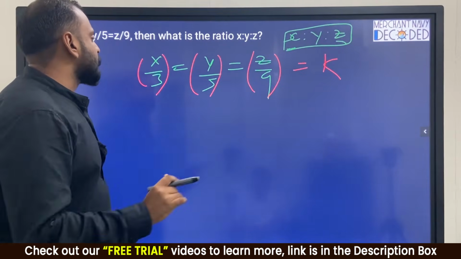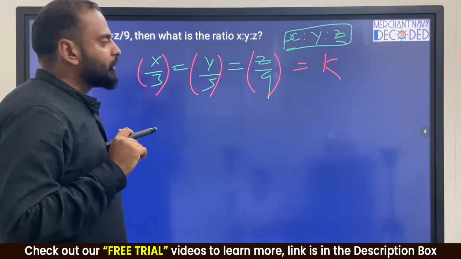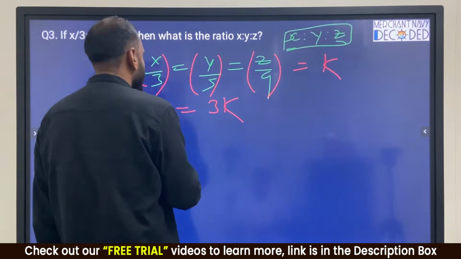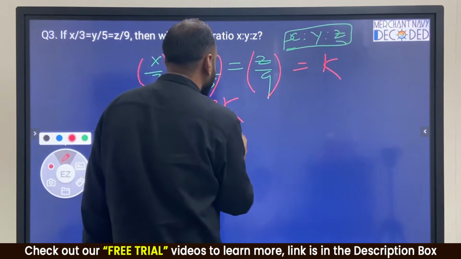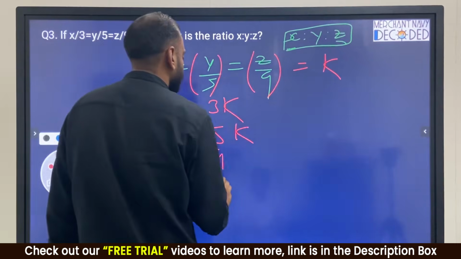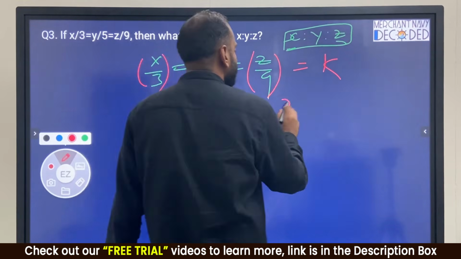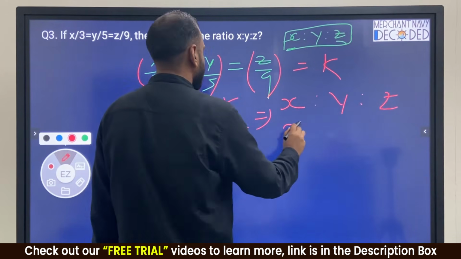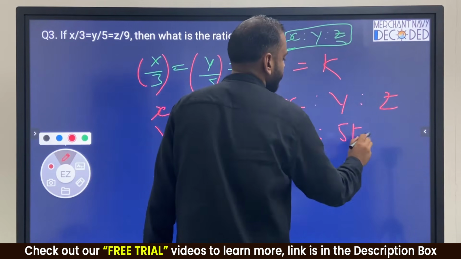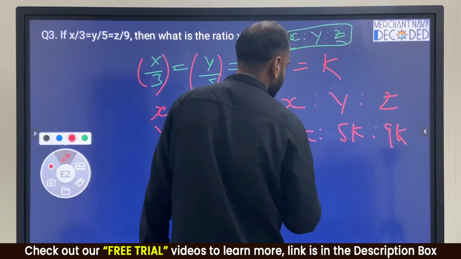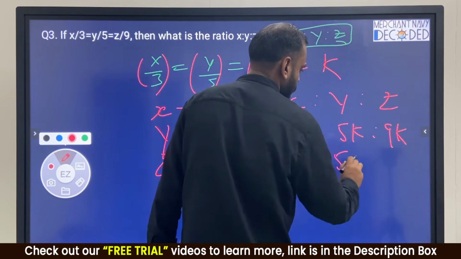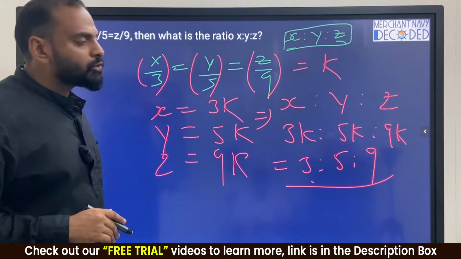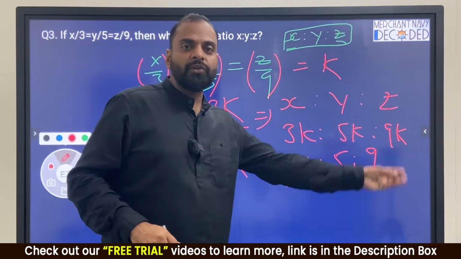Then what is the value of x? x is equal to 3k, y is equal to 5k, z is equal to 9k. Now tell me the ratio of x is to y is to z. 3k is to 5k is to 9k is nothing but 3 is to 5 is to 9.